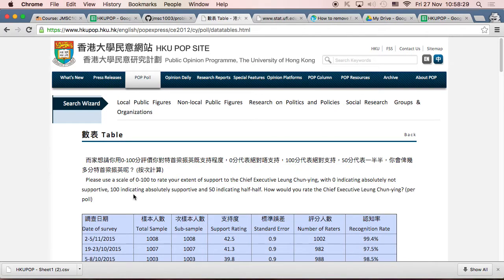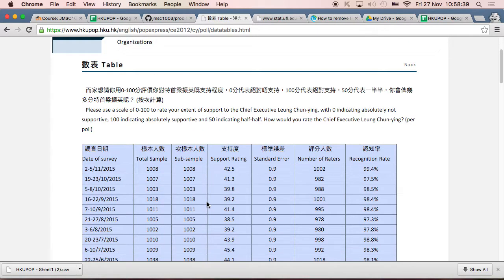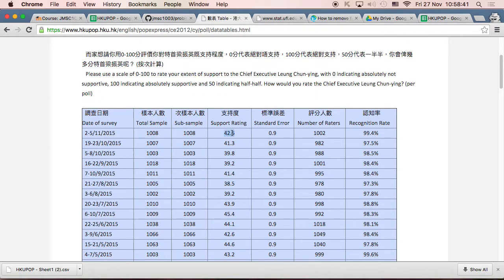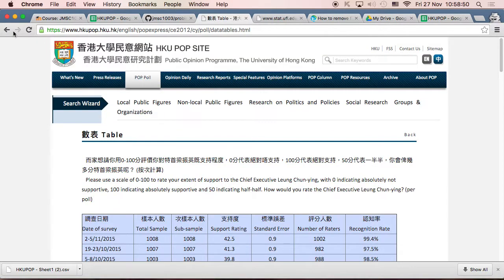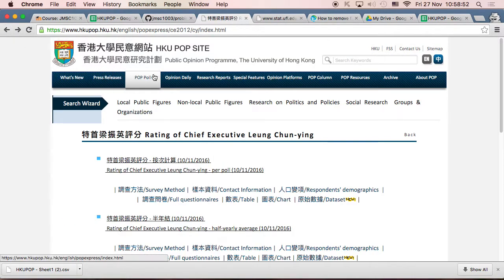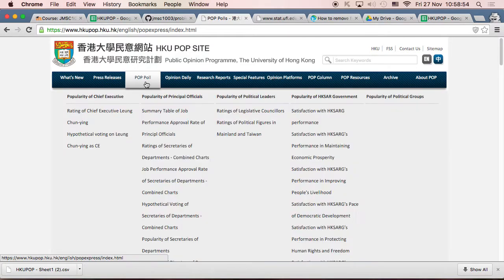For that one, they use a scale, for example 0 to 100, where 0 is not supportive and 100 is absolutely supportive, and they ask the respondent to give a score and then calculate the average, like 42.5. But that is not the one the question is asking. The question is using the second one, hypothetical voting of CY Leung.